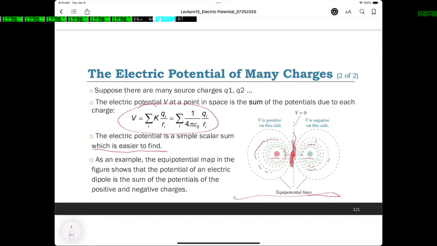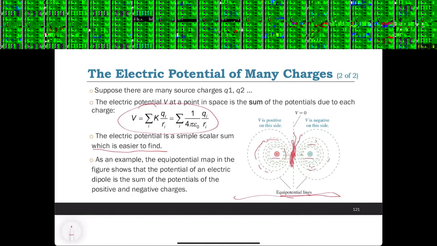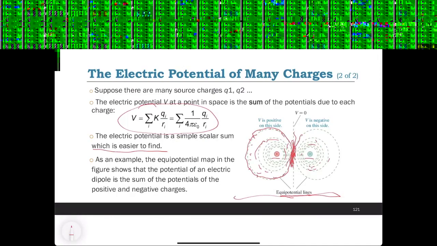In the middle, the potential is zero, so we call it the equipotential line. The equipotential line is this green dotted line, because on this equipotential line the potential is the same. Does that make sense to you?